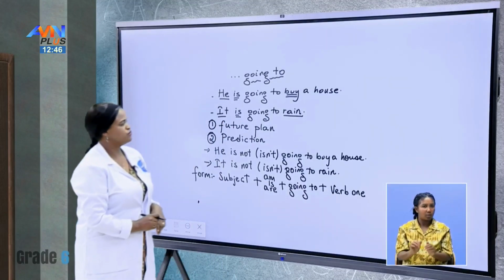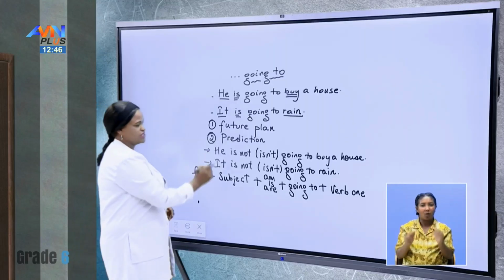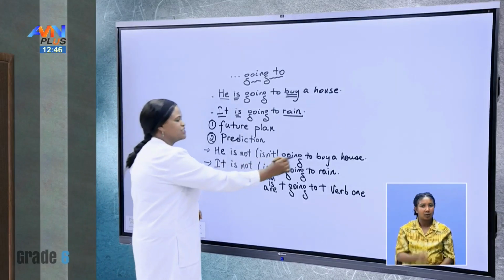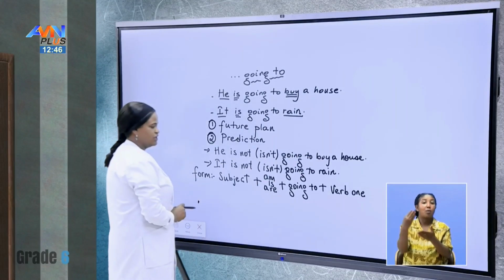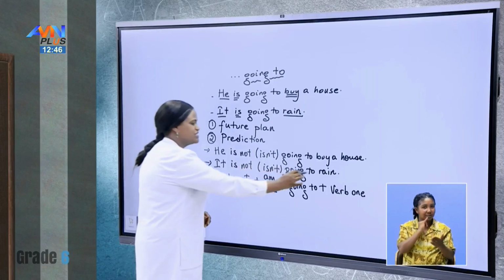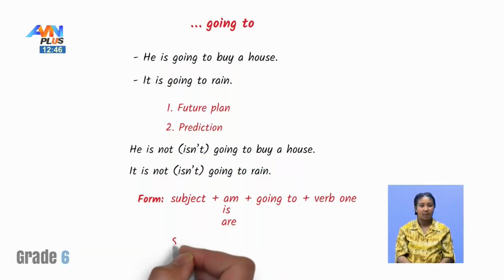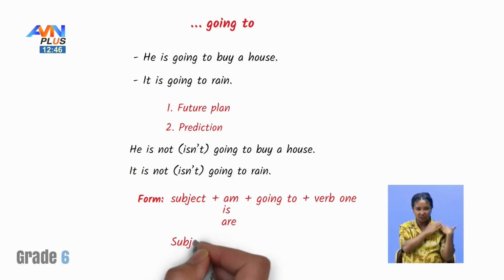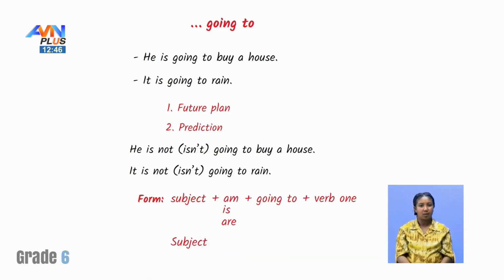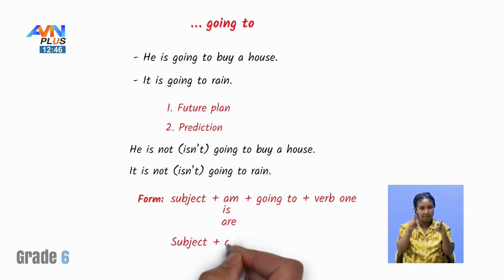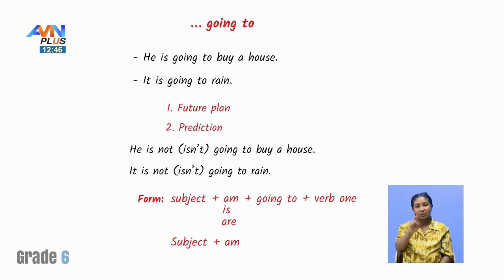How about when we make it negative? The sentence is here. He is not or he isn't going to buy a house. It is not or it isn't going to rain. Let's come here. Subject plus the present auxiliaries am, is, and are, plus, what do we have after?